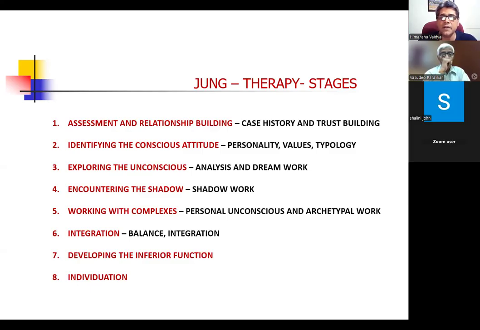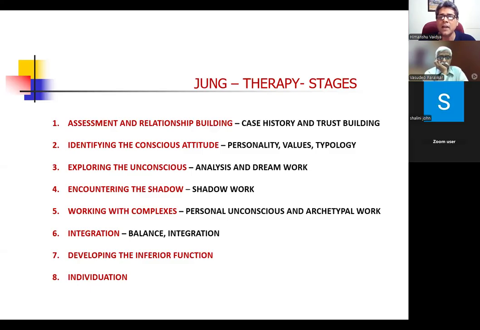So after case history, safety is primary and holding is primary. That allows for trust building. The therapeutic alliance, the capital of it, is built. Second is to look into the life of the person and allow him to speak about his conscious life.